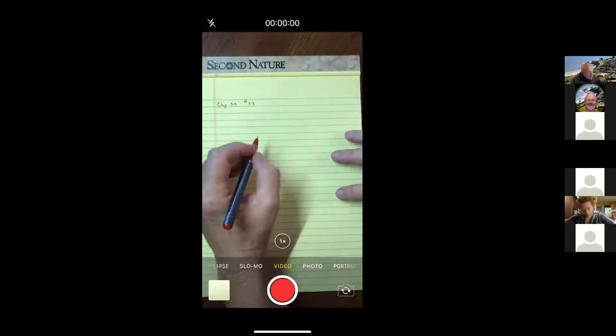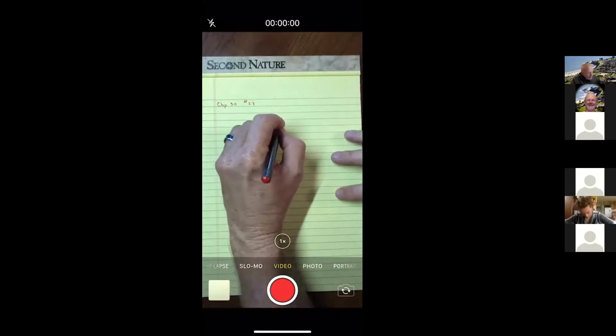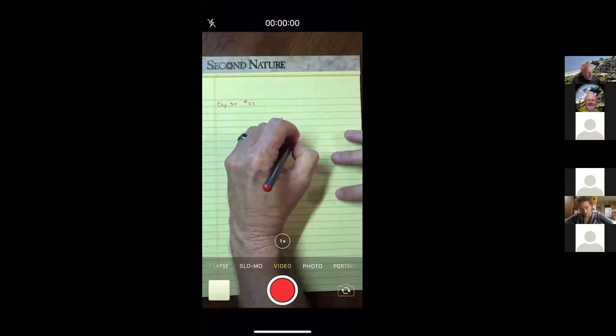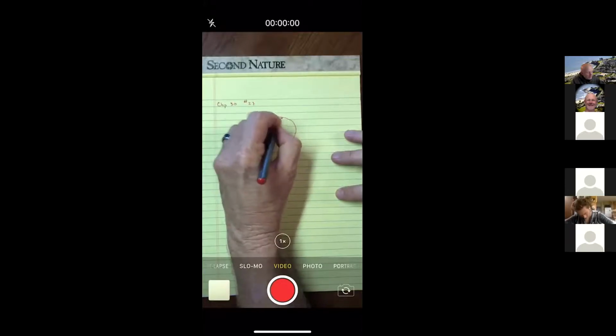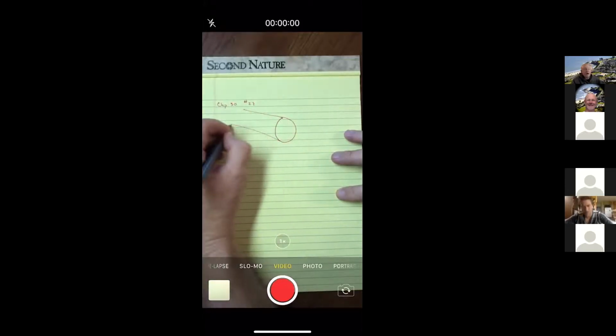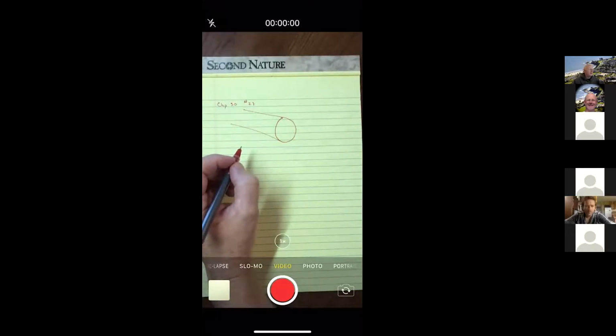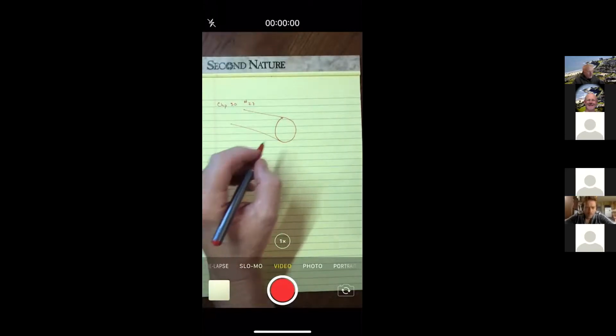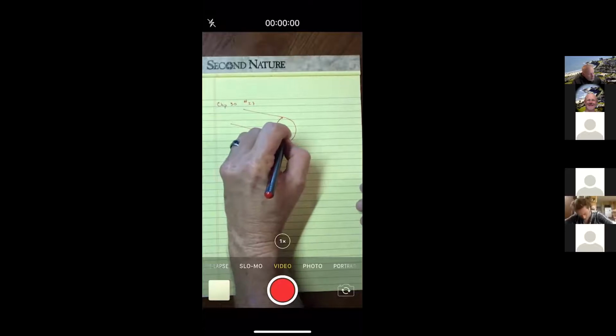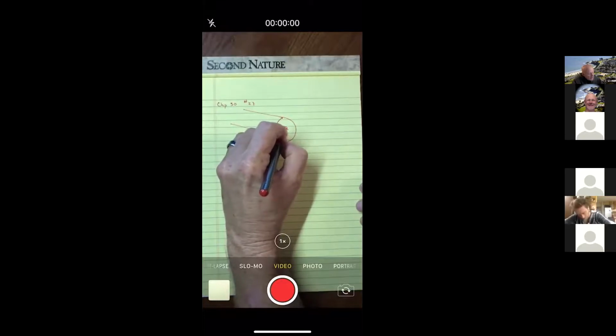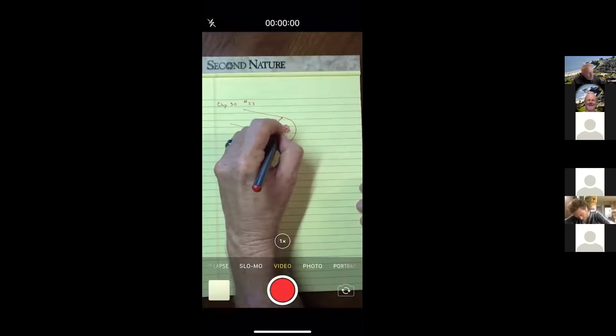Okay, so let me draw it kind of like this. I'm going to make a big cylinder, kind of drawn off on an edge here. And then I'm going to draw tightly packed ones, maybe starting in the center here and moving out.